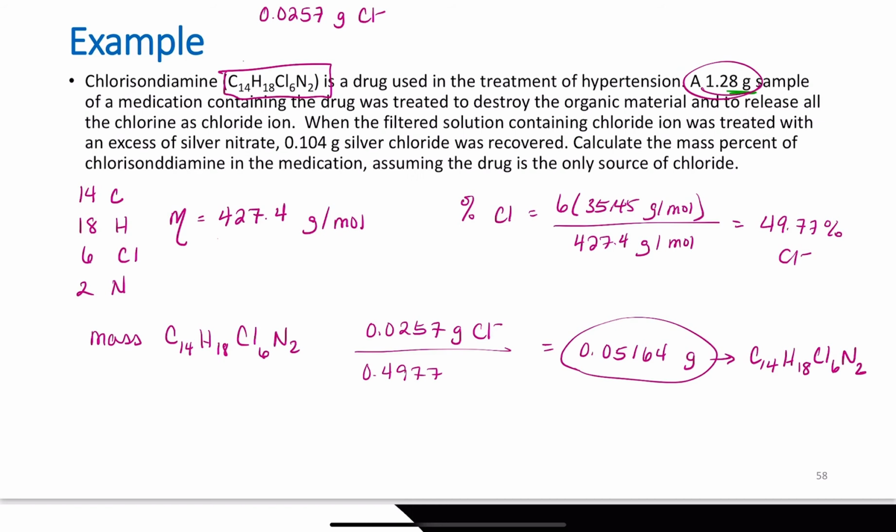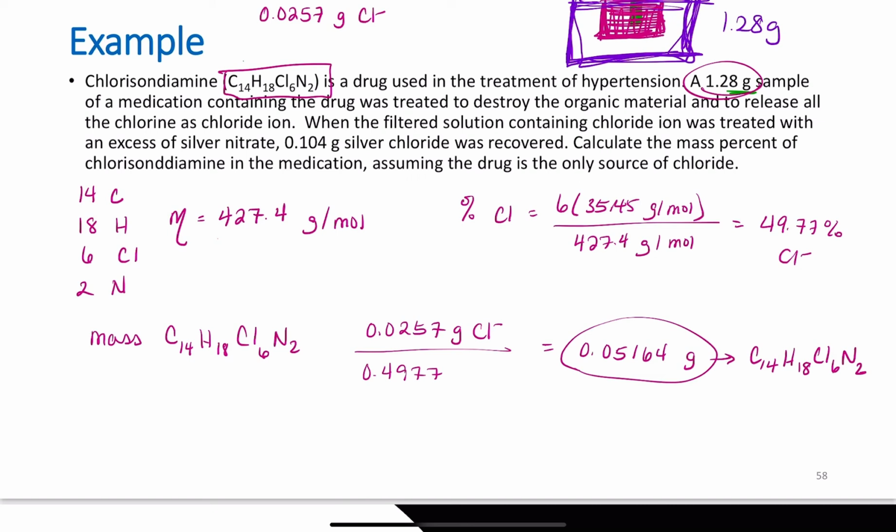So you've got the whole medication, with all its binders and everything else that goes into making a medication. Then we've got the drug itself, and then we've got the chloride within there. So we figured out the chloride amount, and now we've figured out how much of it is actually the drug, and we know the total system is 1.28 grams.